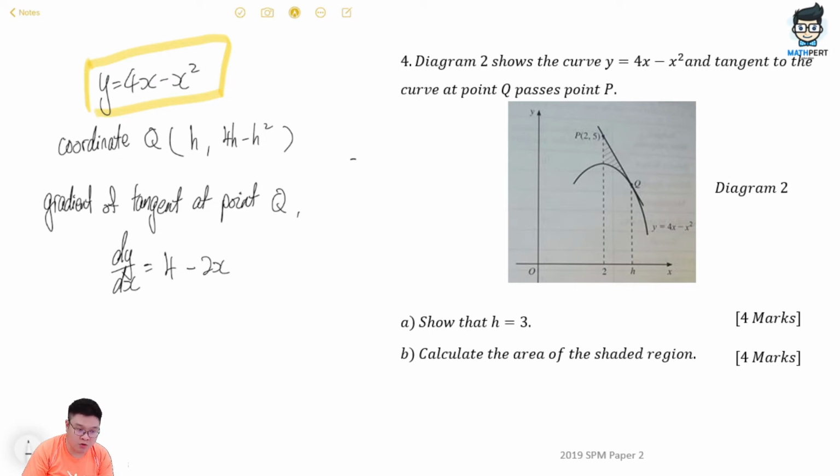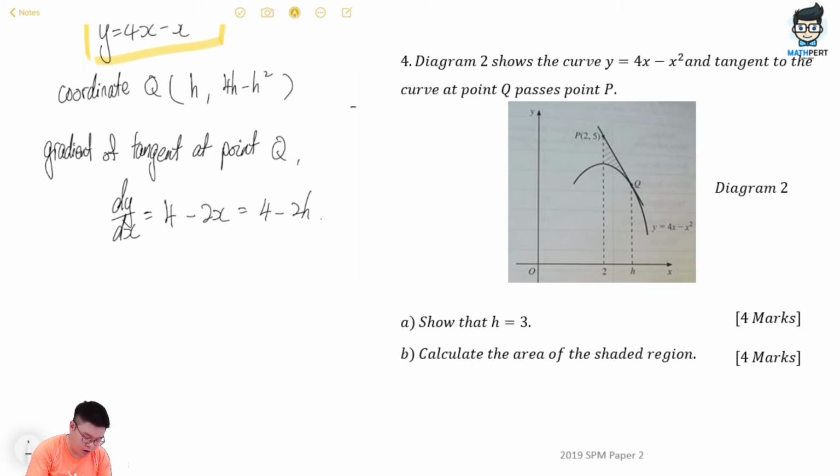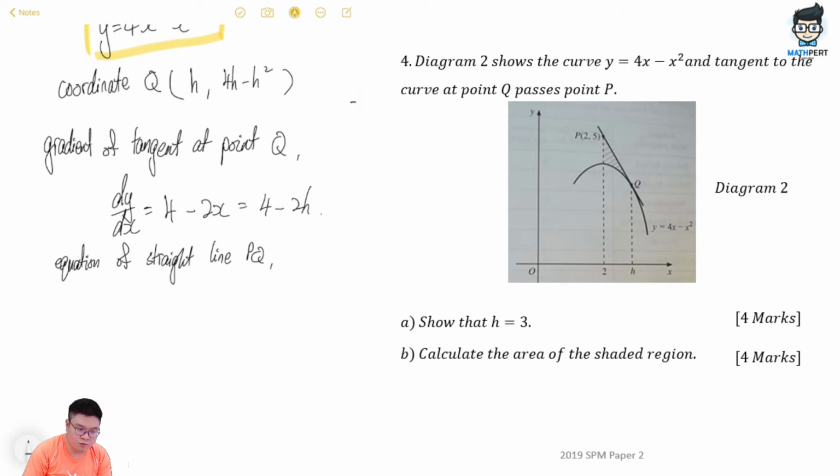At point Q, it becomes 4 minus 2h. So we have the gradient and we have these 2 points, so we can form the equation of the straight line PQ.